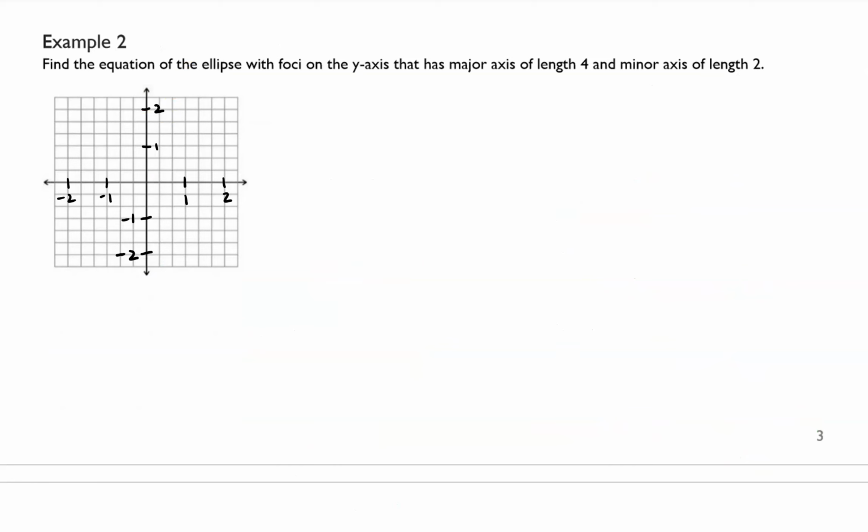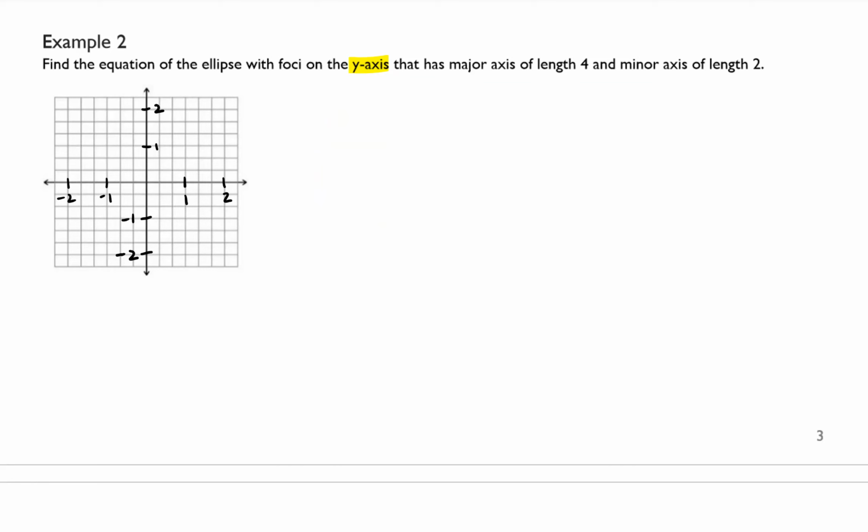Example 2 says, find the equation of the ellipse with foci on the y-axis that has a major axis of length 4 and a minor axis of length 2. So if the foci are on the y-axis, that means that it's going to be a tall ellipse, and it's going to look something like that.